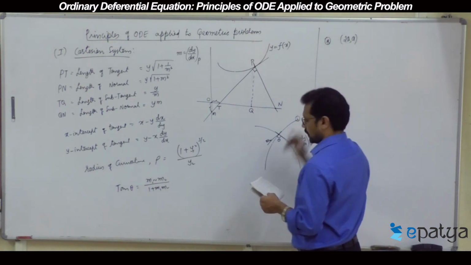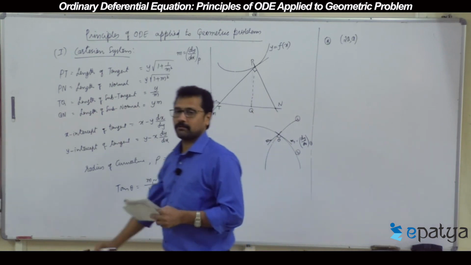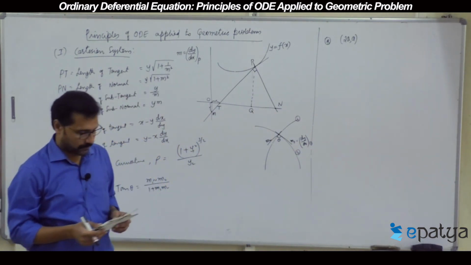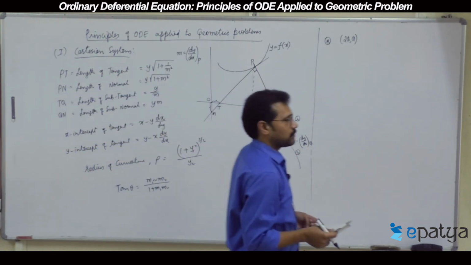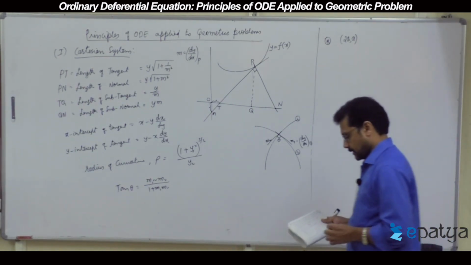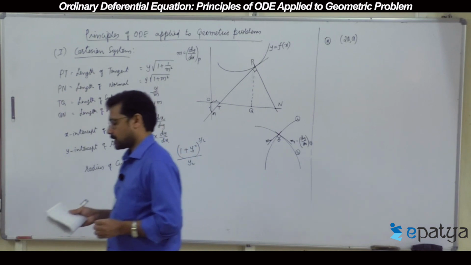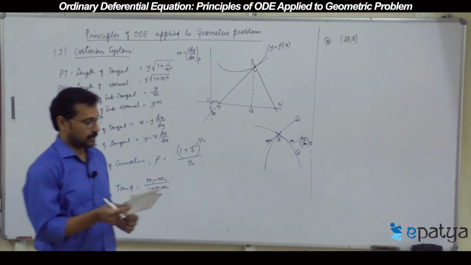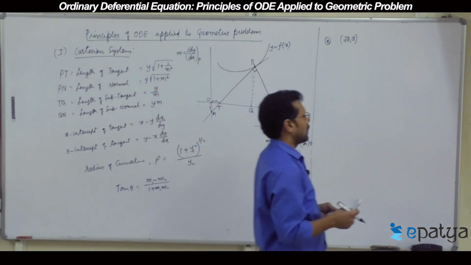2a comma a, for which the sum of the Cartesian subtangent and the abscissa.